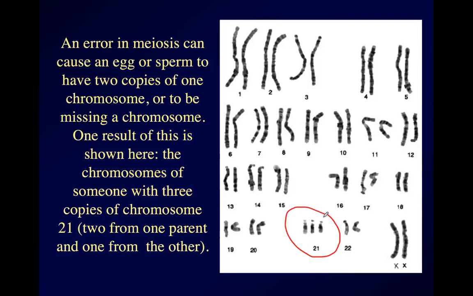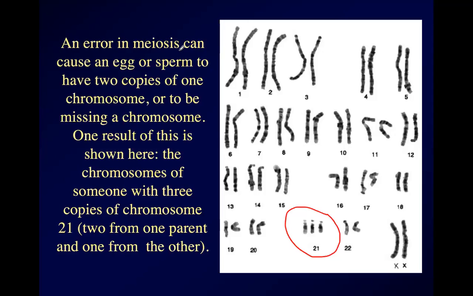Developmental delay, distinctive physical appearance, higher risk of heart defects, and various other things. Down syndrome is fairly common. I'm sure you've seen people that have it, and it is a result of an error in meiosis when either the sperm or the egg that gave rise to this person was being formed.